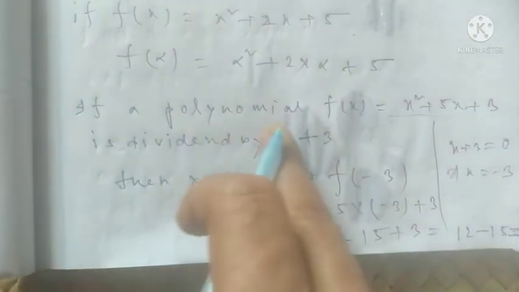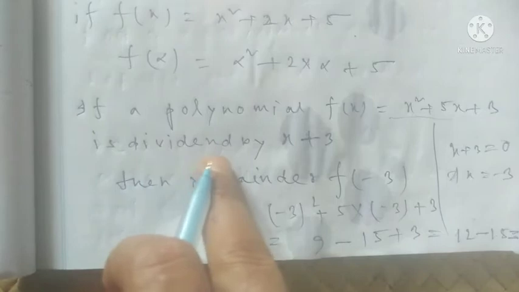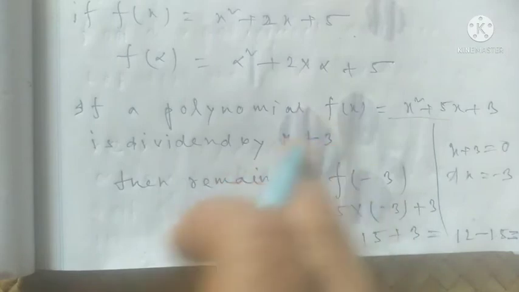So if a polynomial f of x is equal to this and is divided by x plus 3, what will be the remainder? You have to calculate the remainder without the division method. First of all, what is the divisor?